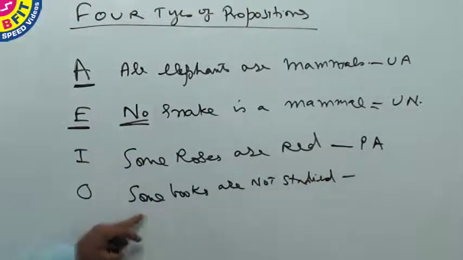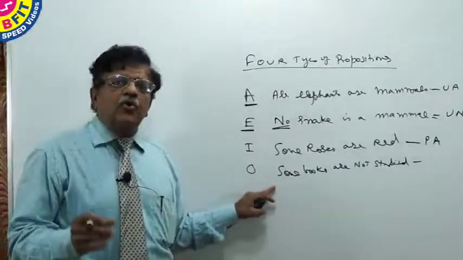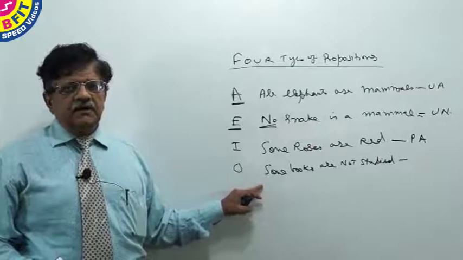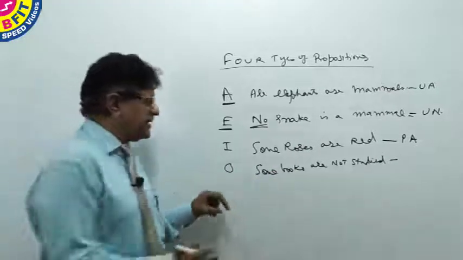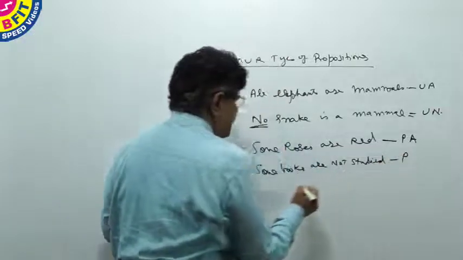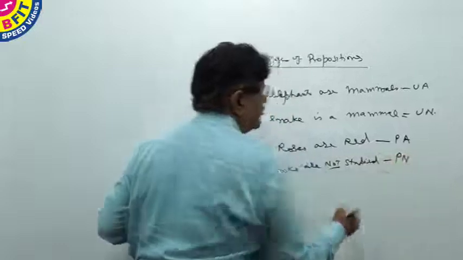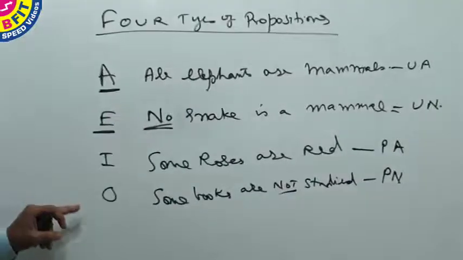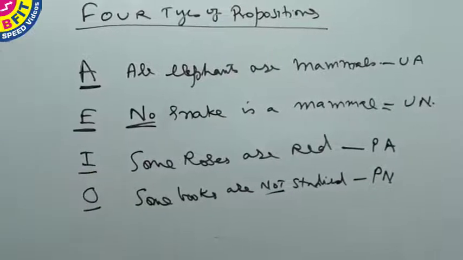Whenever I say some books, again, I am not referring to the entire universe of books. I am only referring to a particular portion of the books. Some books are not studied. So it is particular, and since I am using a negative word here, it is particular negative, and a particular negative logical statement is called an O-type statement.